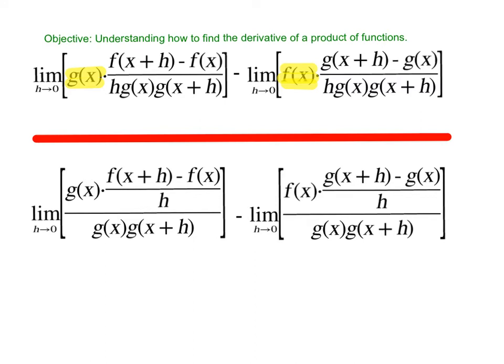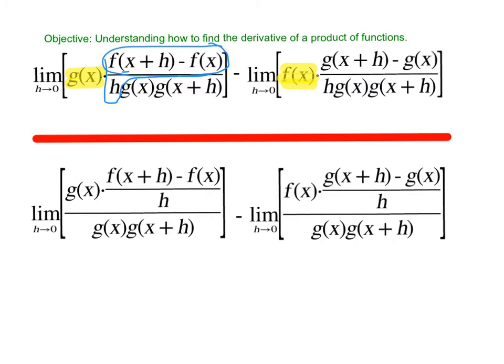So this is the exact same thing from the previous one. Okay, so now what we're going to do is we are breaking this up. Notice we have f of x plus h and f of x. I think that looks familiar. So I'm basically going to take this part and create its own thing, right? f of x plus h minus f of x all over h.